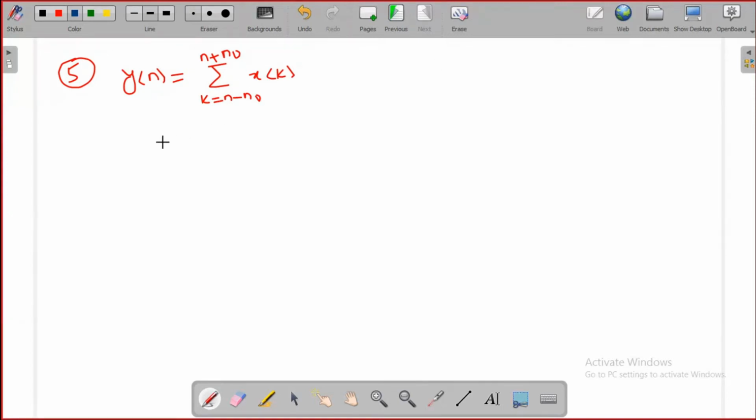Now, h of n is equal to T of del of n. So I'm finding that h of n value. What is the h of n value? In place of x, write the del. So summation k is equal to n minus n naught to n plus n naught.